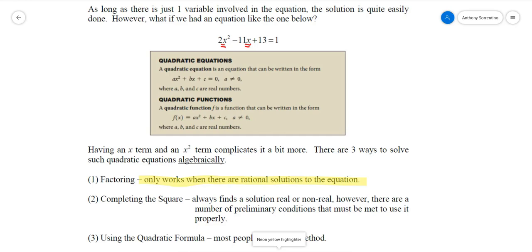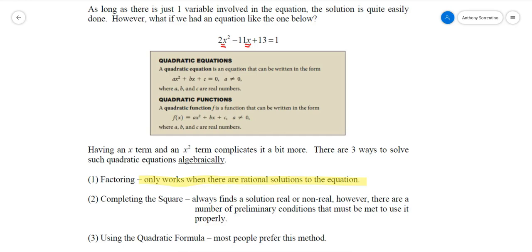And if this is a method of solving the equation, that means that if it doesn't have a rational solution, factoring is not going to work. It doesn't mean there's not going to be a solution. It just means that the solution is not going to be rational. And therefore, I would try this method and find out only that the method doesn't work. If the method doesn't work, I cannot conclude that there's no real solution or that it is going to have complex solutions. And even if I come to that conclusion, I still want to figure out what those solutions are.